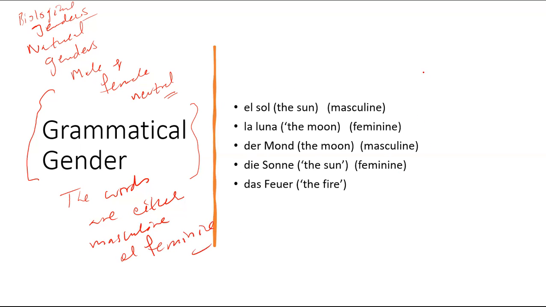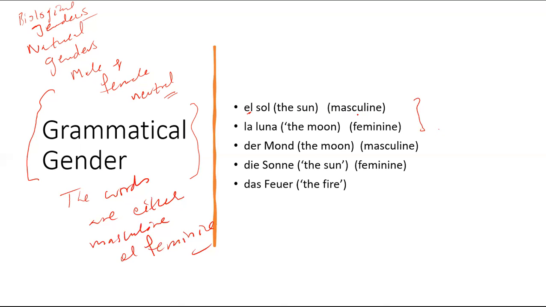For example, here we have two phrases from Spanish: "el sol," the sun. Here, this word indicates that the sun is masculine.